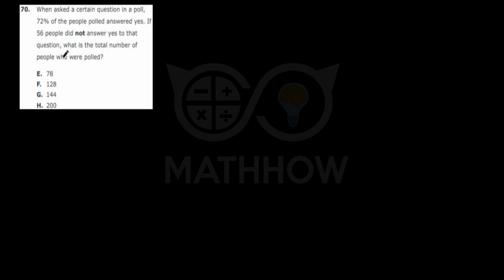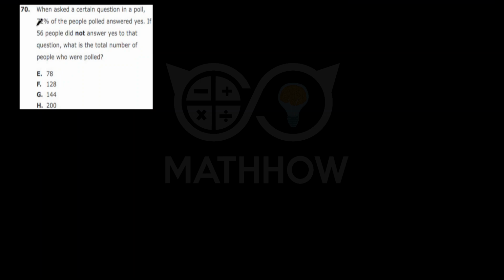Question number 70. When asked a certain question in a poll, 72% of the people polled answered yes. If 56 people did not answer yes to that question, what is the total number of people who were polled? The question has mentioned that 72% of people answered yes and 56 people did not answer yes.